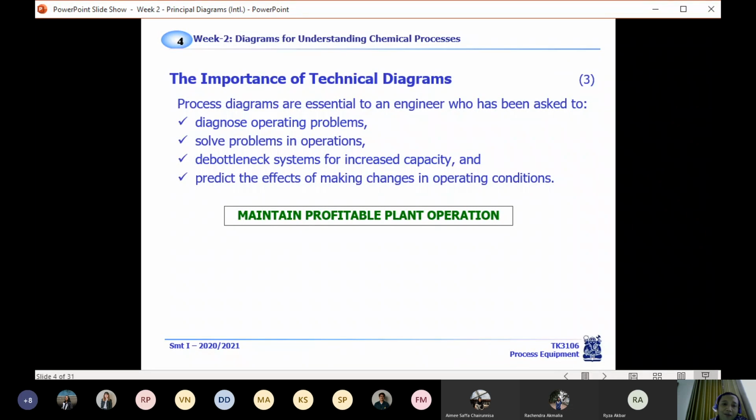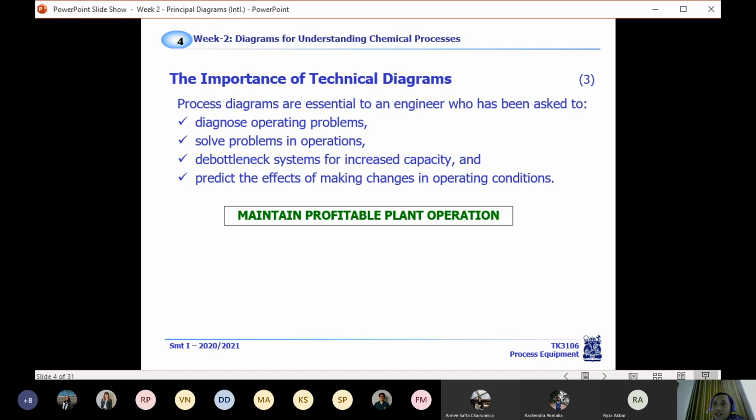So by understanding the technical diagram, you can do many activities. For example, diagnose operation problems. Because when you know the PFD, you already know the configuration of the plant.